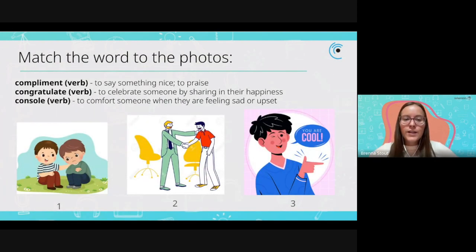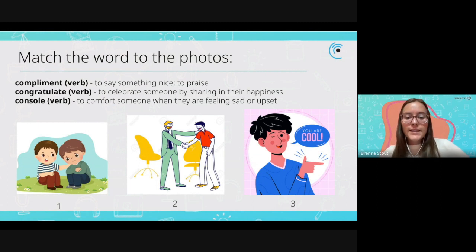Okay, now we're going to do a little vocabulary activity. So, Janet, I'm going to say a word to you, and you're going to look at the pictures, and you're going to choose number 1, number 2, or number 3. So, our first word is compliment. Compliment. It is a verb, so it's something that we do. And it's to say something nice or to give praise.